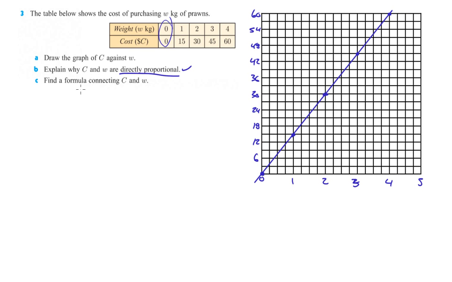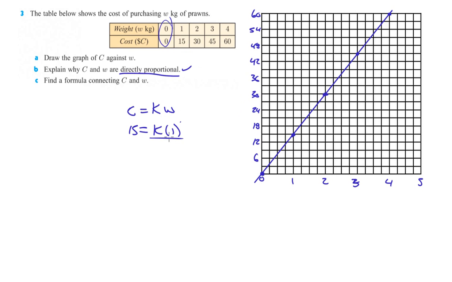And then, find a formula connecting C and W. All right, so the cost is our y. C equals some number times W, right? The proportionality constant is usually K. So let's do C equals K times W. We can enter in 1 for W. So K times 1 has to equal 15.